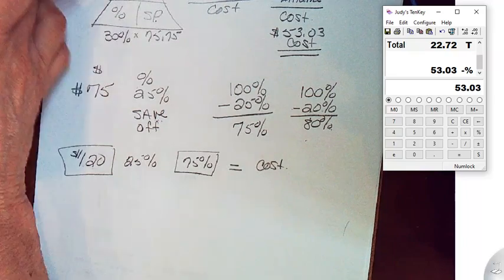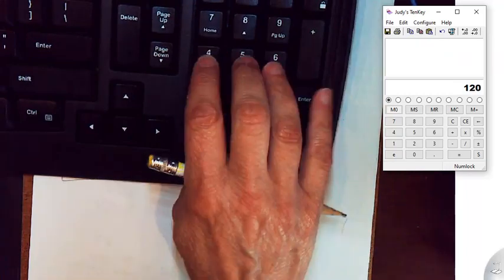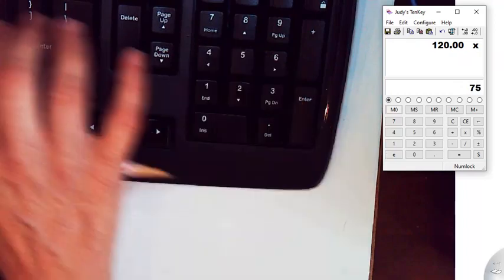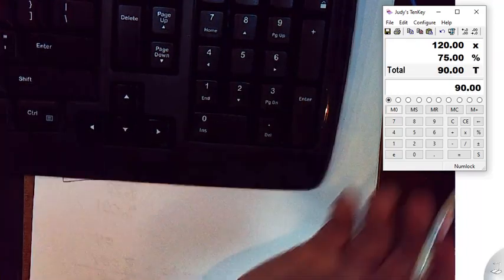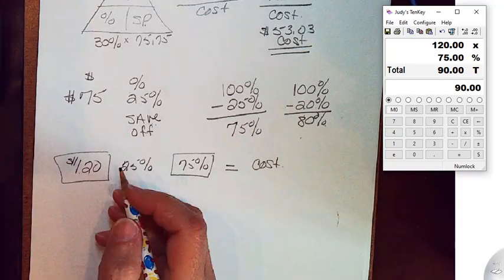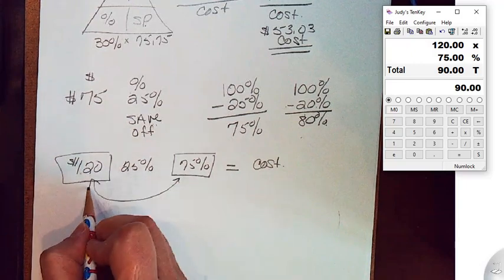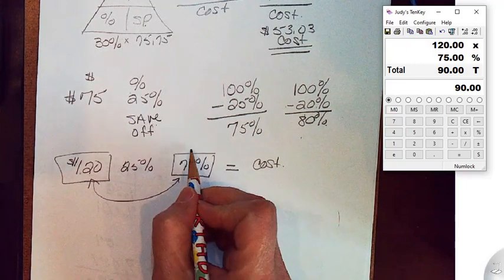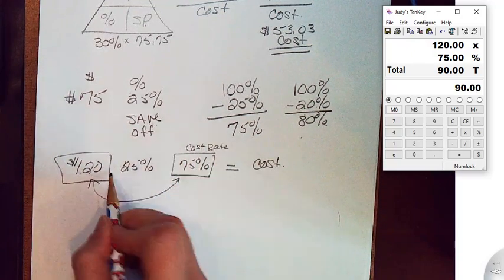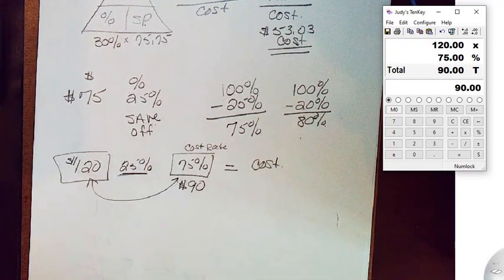So 120 times the complement of 25, which is 75%, the cost is $90. So cost is 90 because 75% of 120 is 90. So it skips a step. Again, you're doing a step in your head.